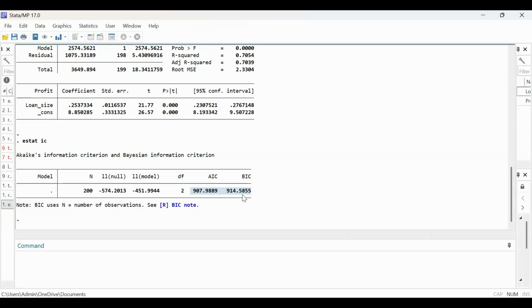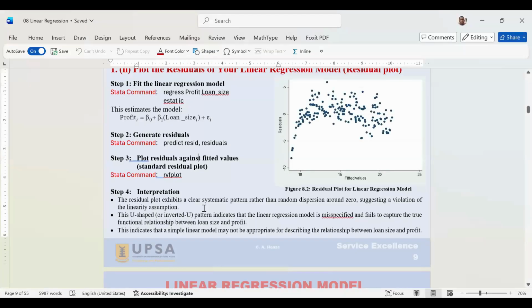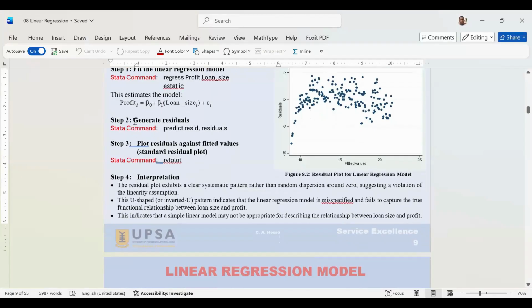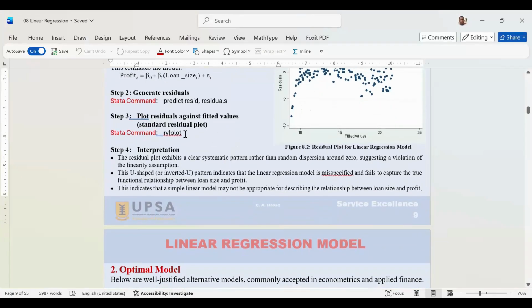At PhD level, you need to run so many models and do a comparative analysis between the models and tell me which one is the optimal model. That's exactly what we are doing. So we go back to our work. We run that one. Then we also generate the residuals, using predict residual, resid.